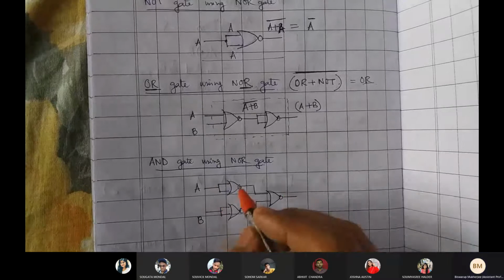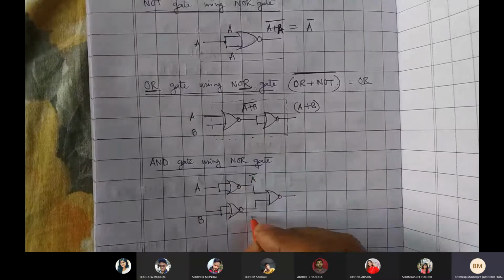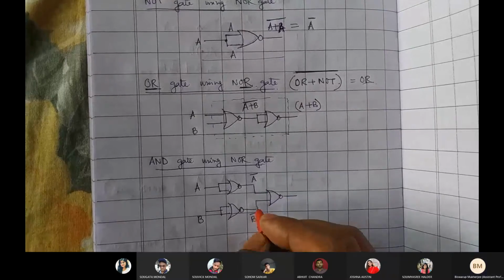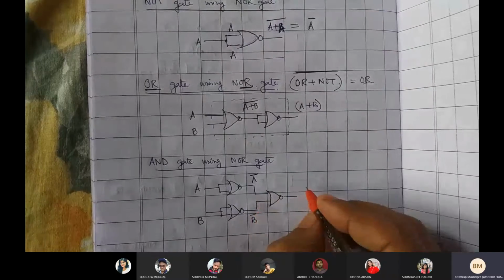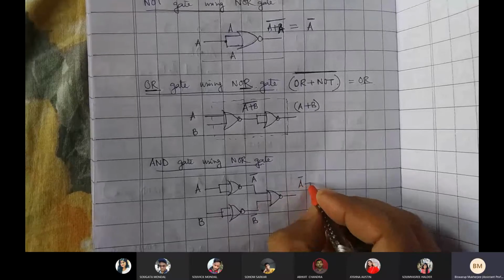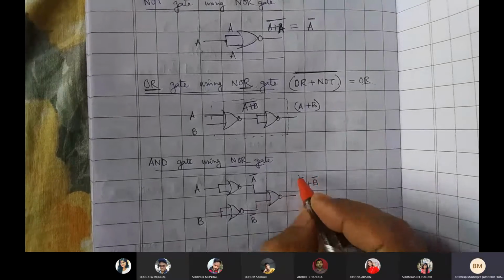AND. How? Because here the A bar is coming, here the B bar is coming. Once these two are coming, here it would be (A bar plus B bar) whole complement.